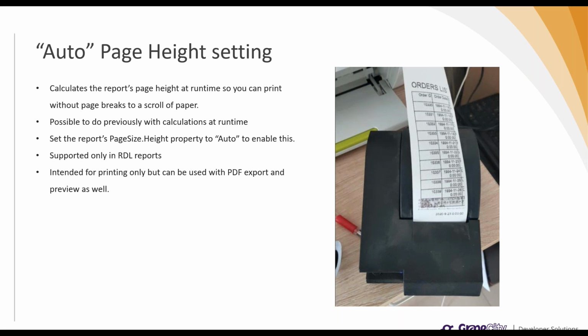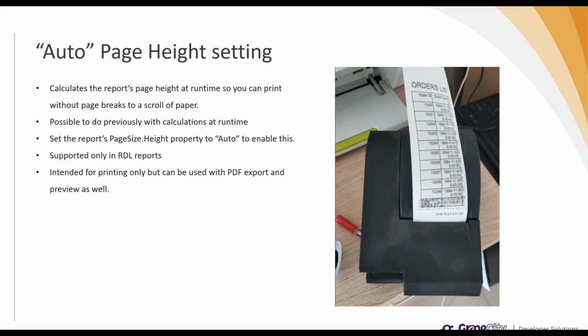Page reports are specific to a specific layout, right? So for page reports, you essentially have a specific layout of a page, a specific size of a page, whether that's letter or something else. So it doesn't fit with printing on a scroll of paper where the height of the report can be dynamic.